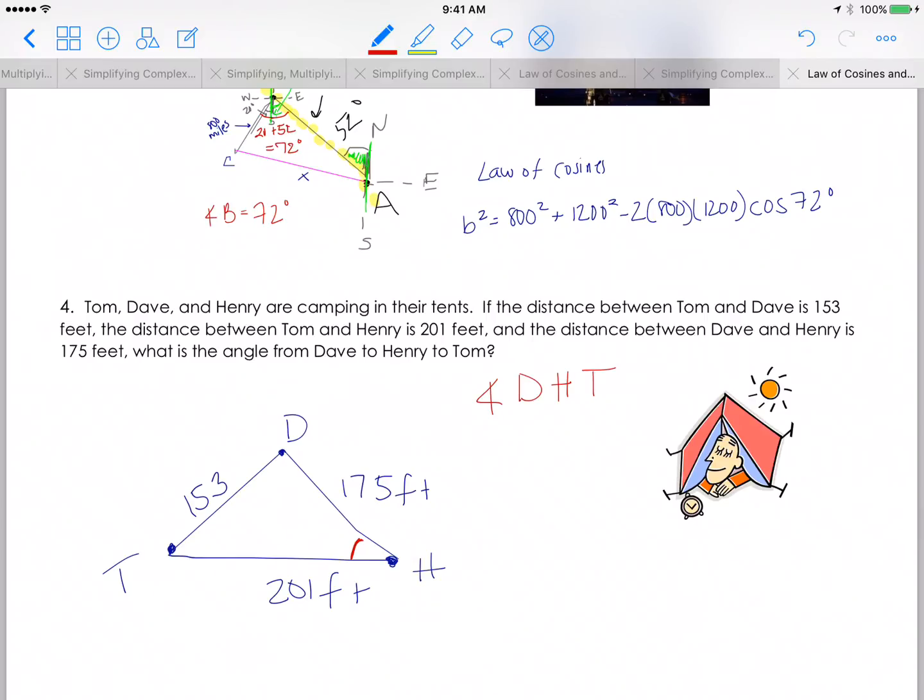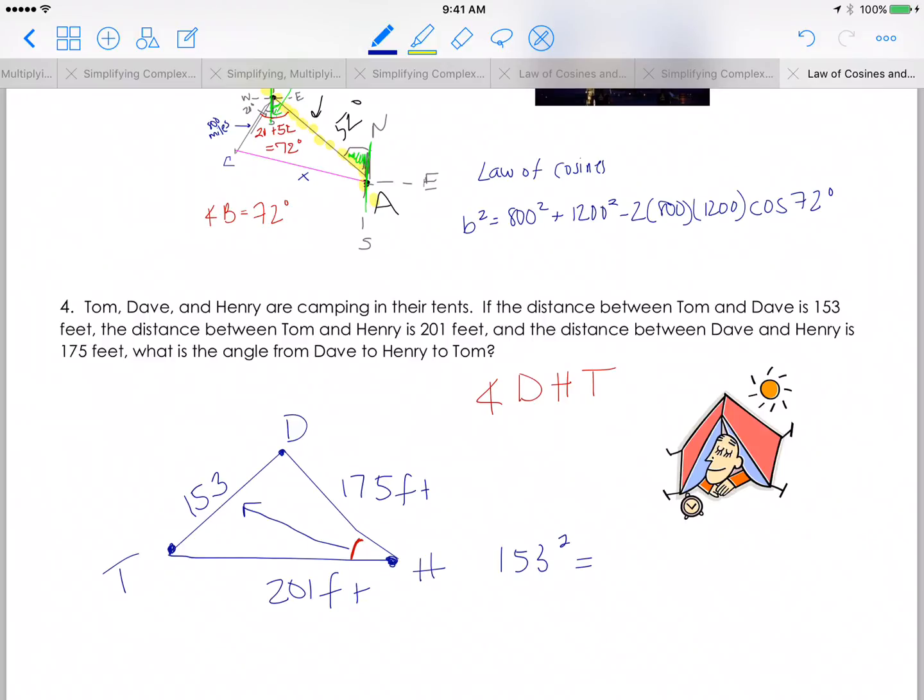So let's solve this, and we can use, again, law of cosines for this. We don't know what that angle is, but we do know the side across from the unknown angle is 153.